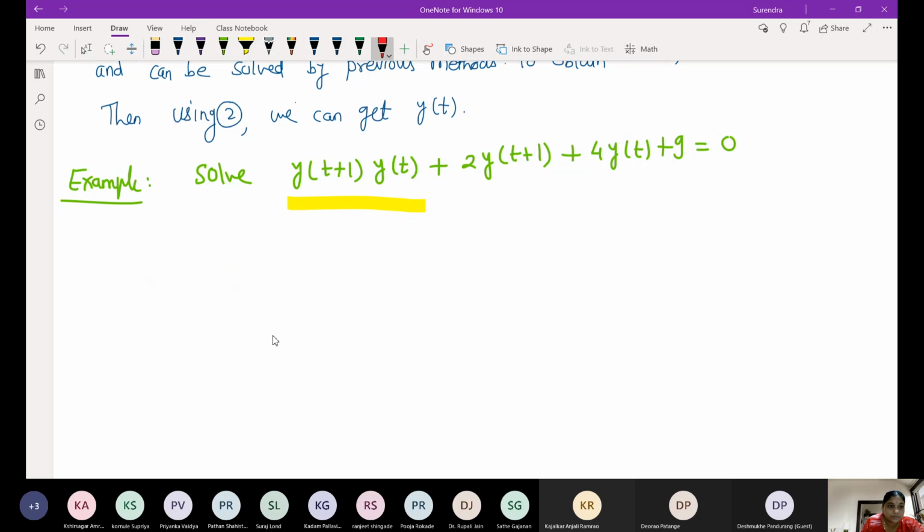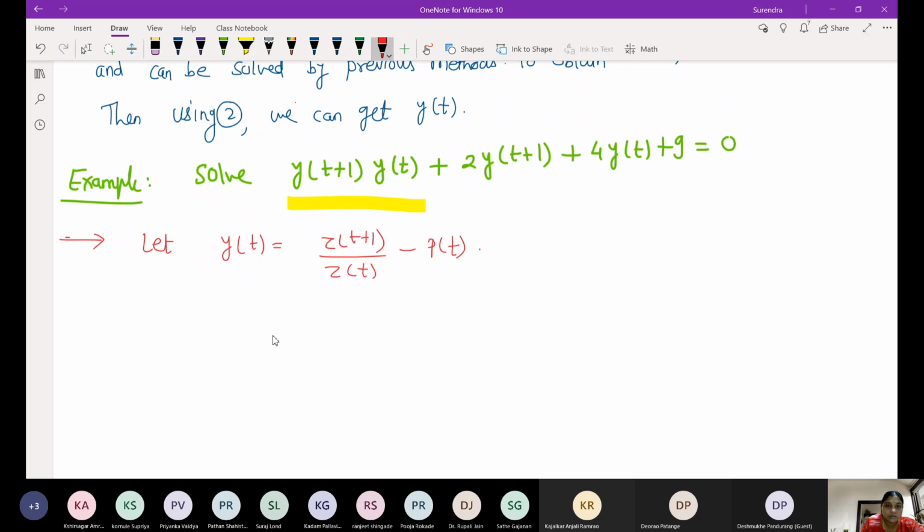So let y t is equal to z at t plus 1 upon z t minus p of t. So what is p of t here?